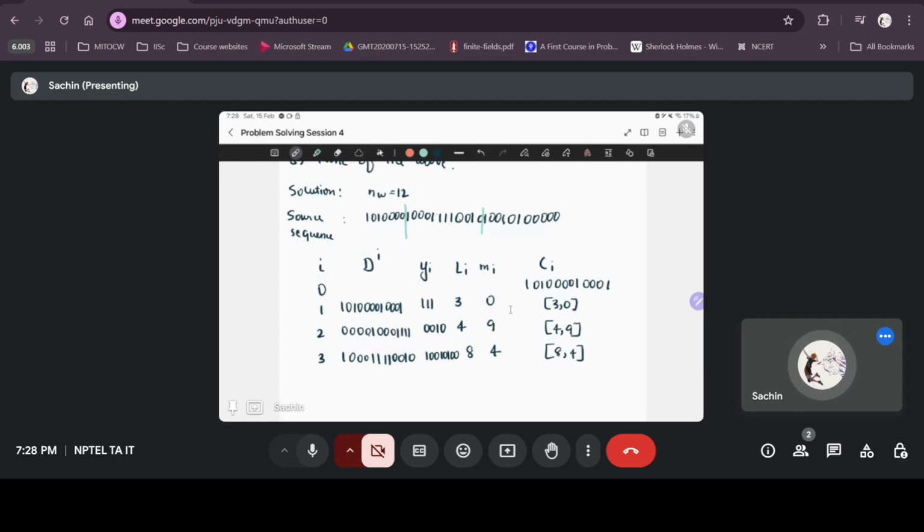Now you have to remove 8 bits from your dictionary: 1, 2, 3, 4, 5, 6, 7, 8. So your new dictionary starts from here. You have to append 8 bits: 1, 2, 3, 4, 5, 6, 7, 8. Your new dictionary ends here.